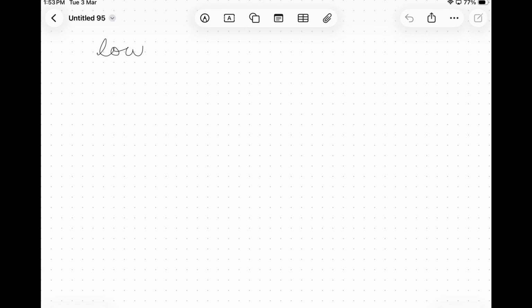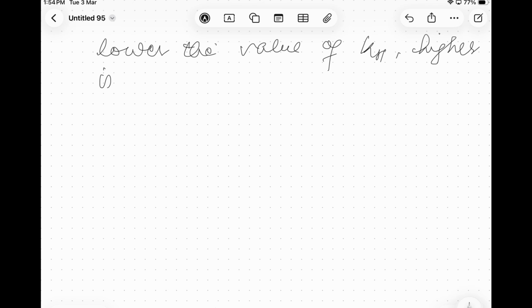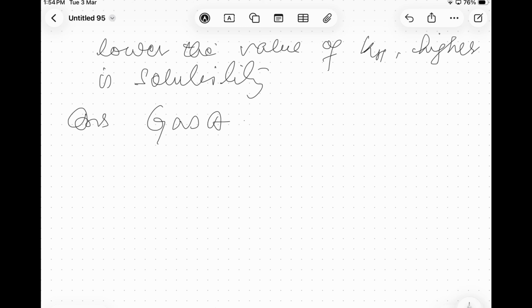Lower the value of KH, higher is solubility. Answer is gas A. Gas A has higher solubility.